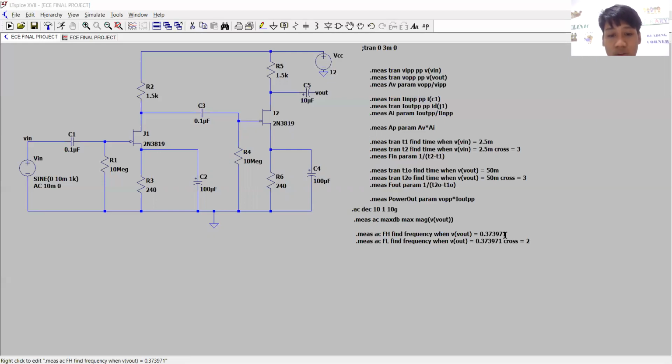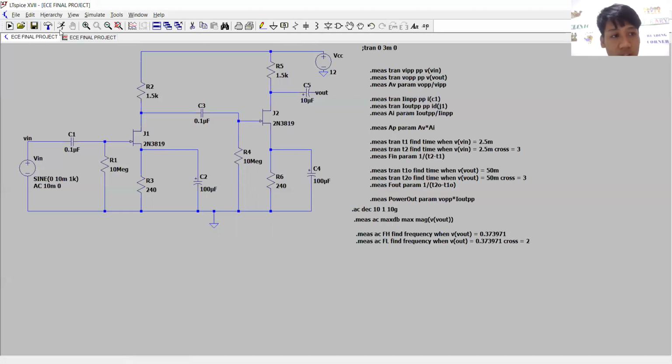By the way, when you are going to get the voltage ratio loss, you should subtract 3 from the loss in decibel because it is in the manual. I have read the manual and I saw that this should be subtracted by 3, negative 3.